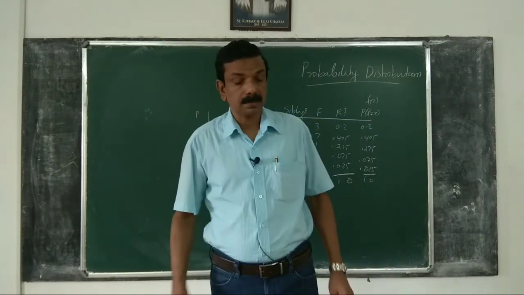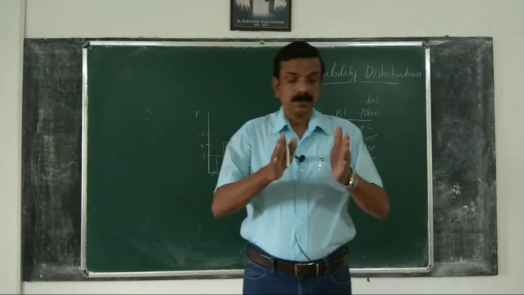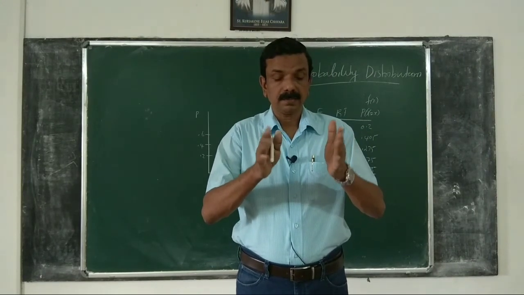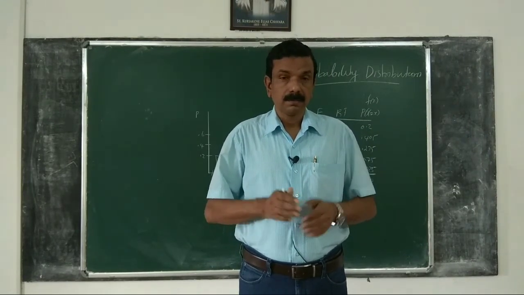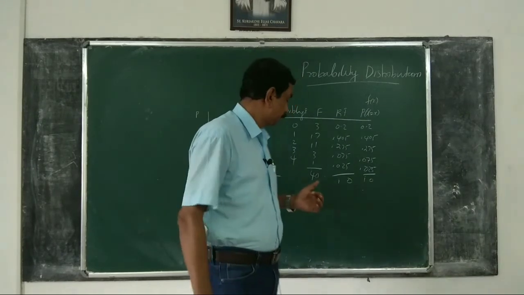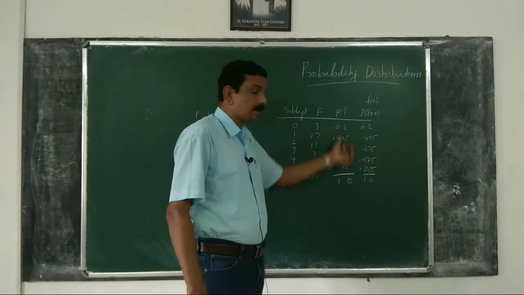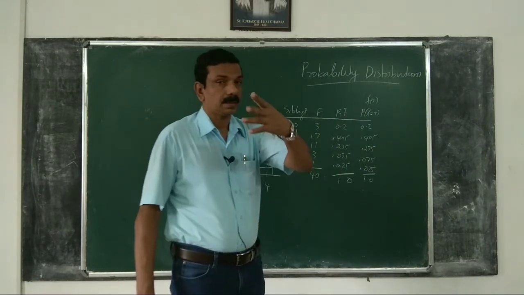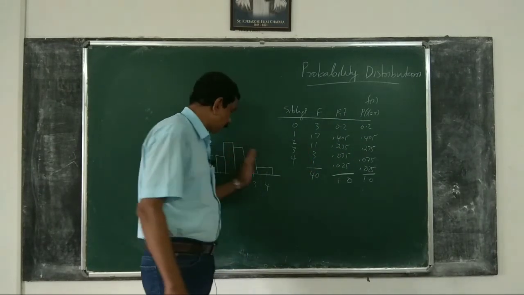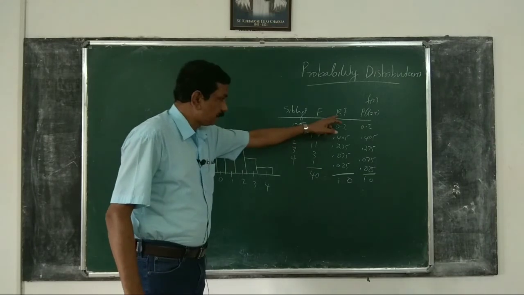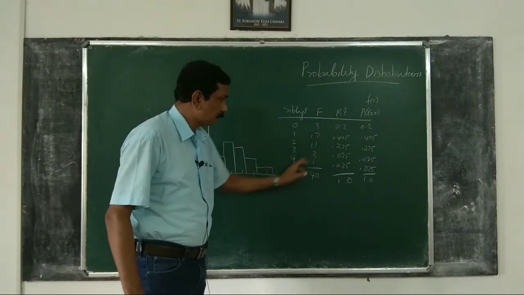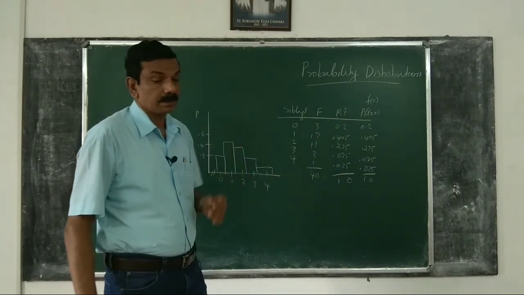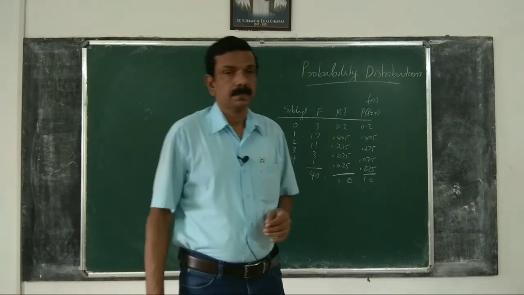So probability distribution is used in the place of relative frequency distribution. Probability histogram is used in the place of relative frequency histogram that we have considered. This is probability histogram. If we plot this, you have what is known as the relative frequency histogram.